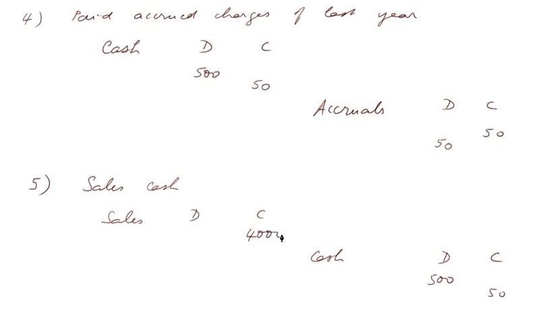The sale is always in credit, and the cash account, which has already these figures, this from last year and this because we just made a payment, now is debited 4,000, etc. So once again, you are strongly advised to do this recording the standard way for all the transactions of the ongoing cycle.